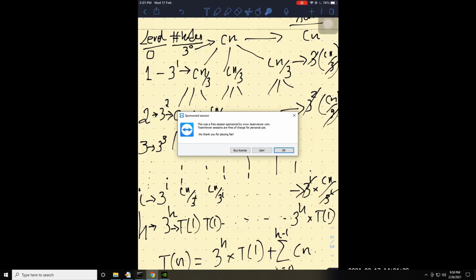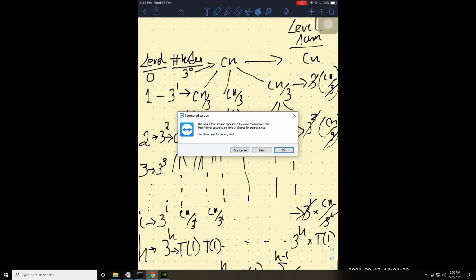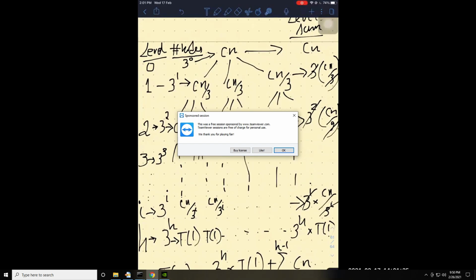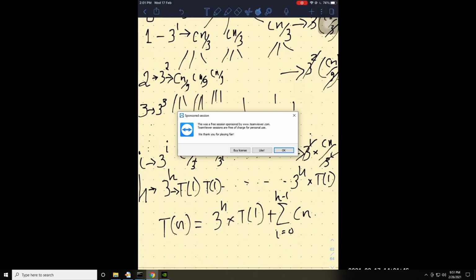For all the other levels, we can just remove that. As you can see here, for all the levels, we get c of n. So from this one, we are getting the summation here. We'll get c of n for all the levels from 0 to h minus 1. So is this clear how we are getting this part?